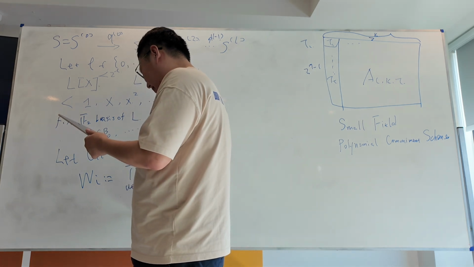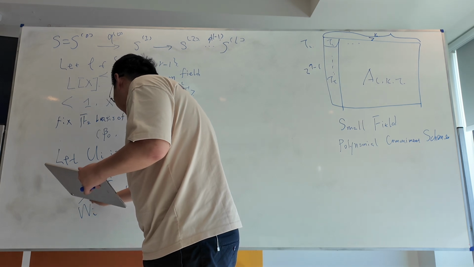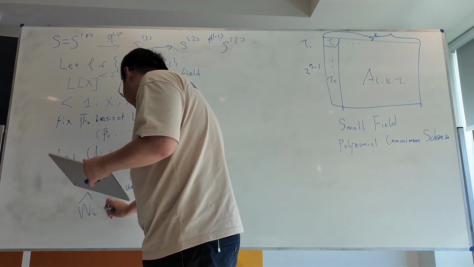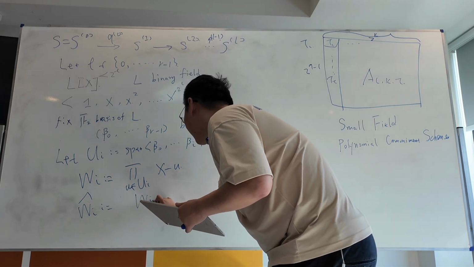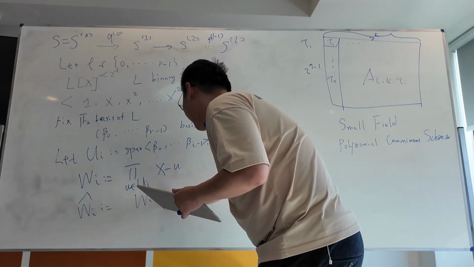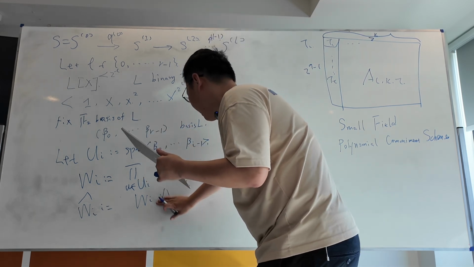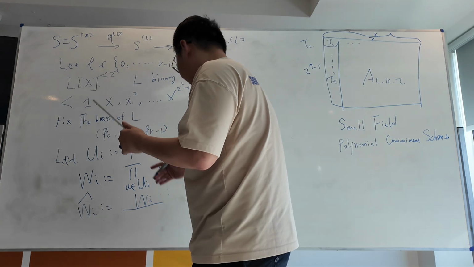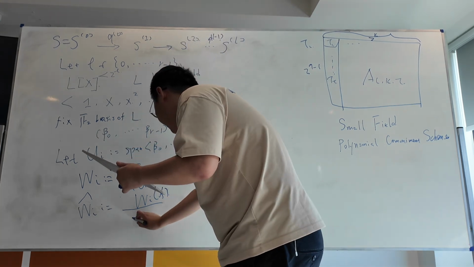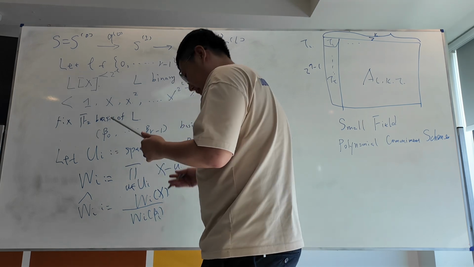We take a normalized version, this W_i, defined by a value times beta_i.